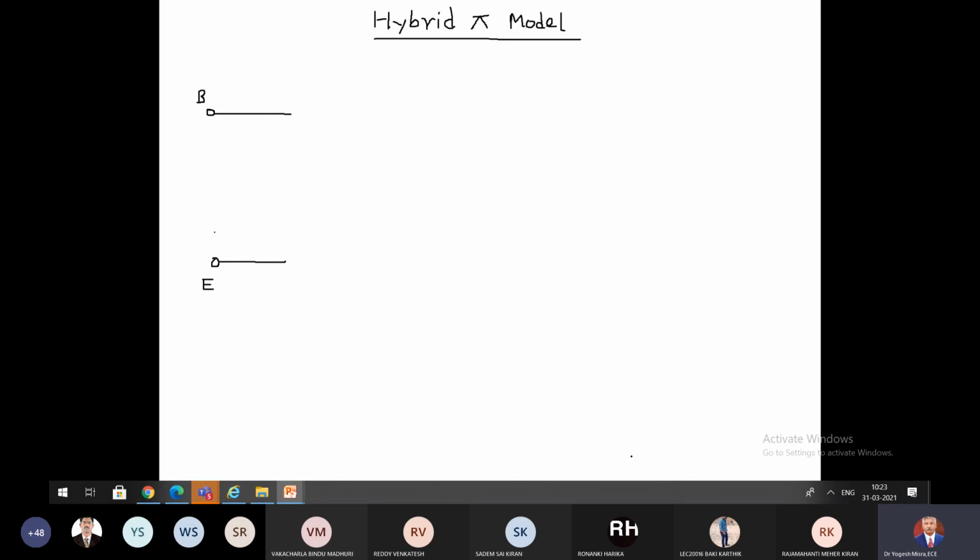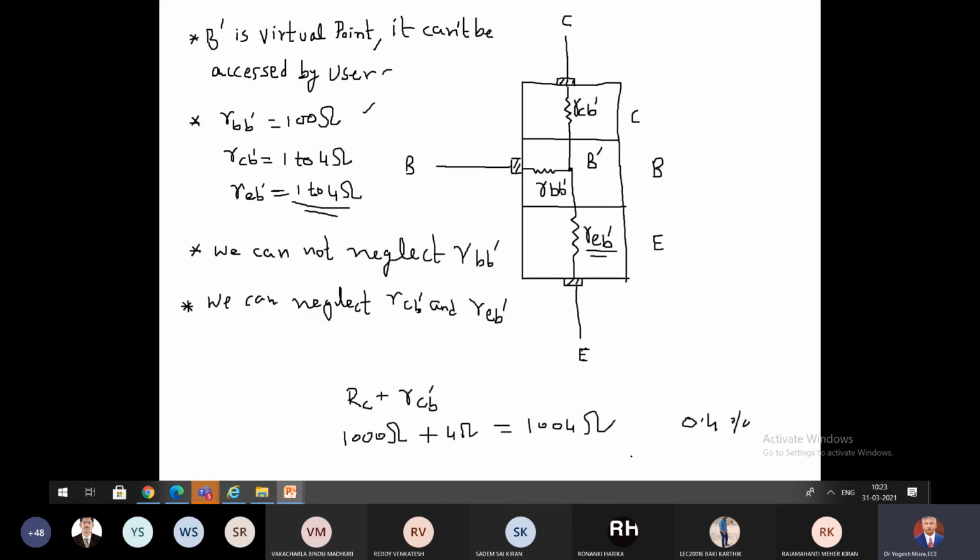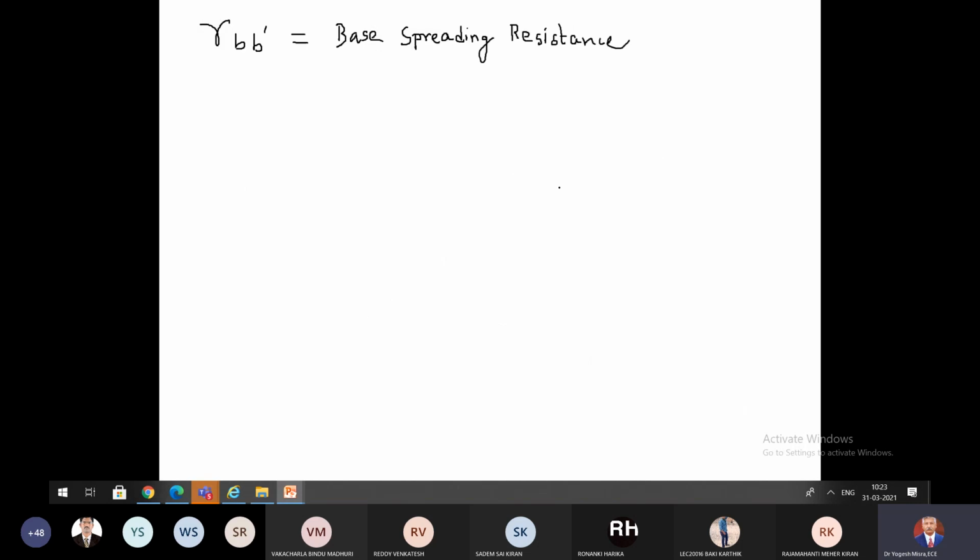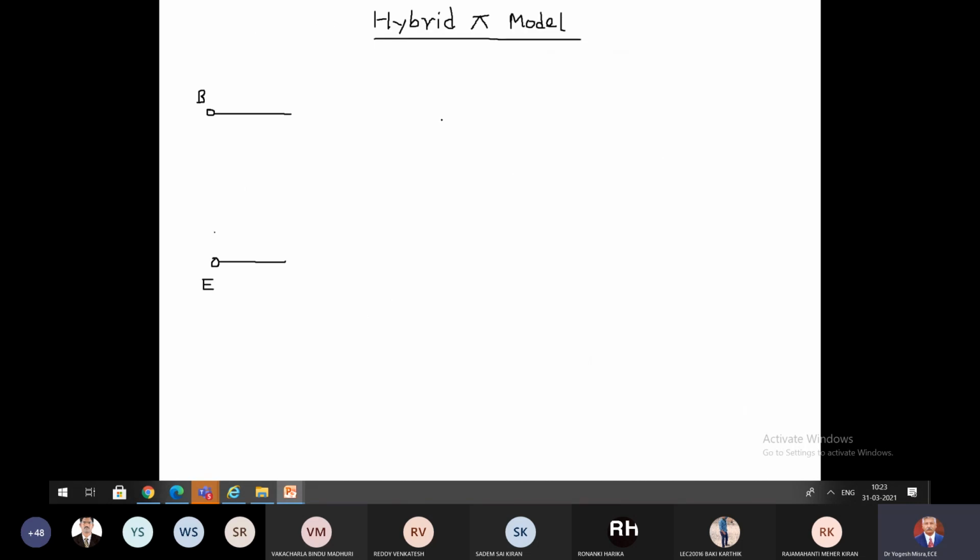So if you see this diagram, between this terminal B and a virtual point B dash, you see there is one resistance, RBB dash.